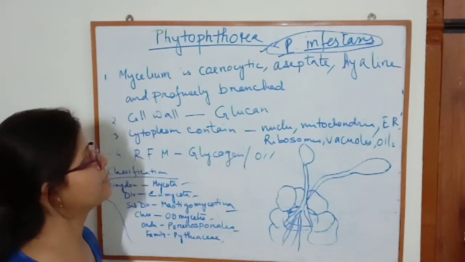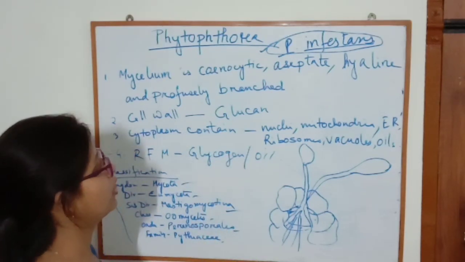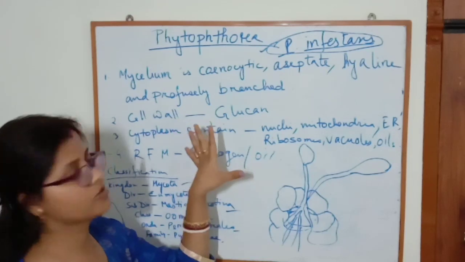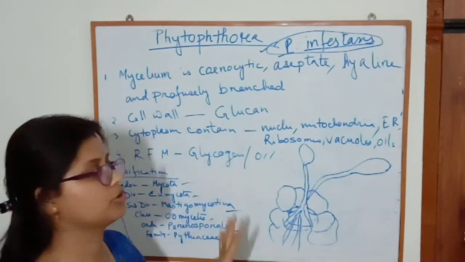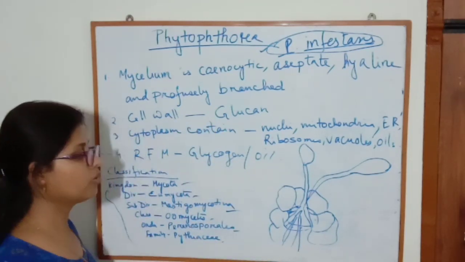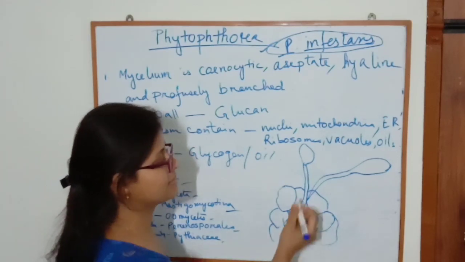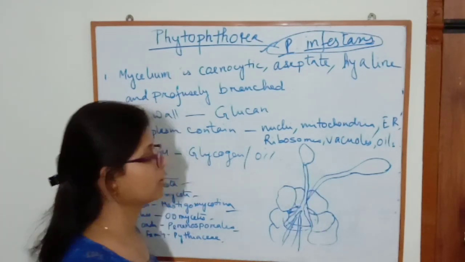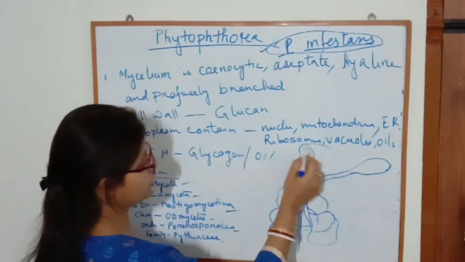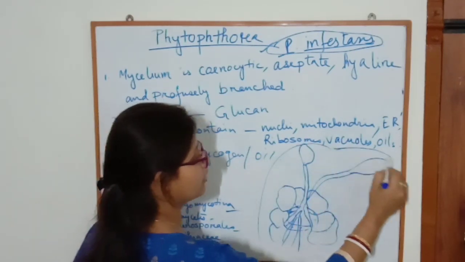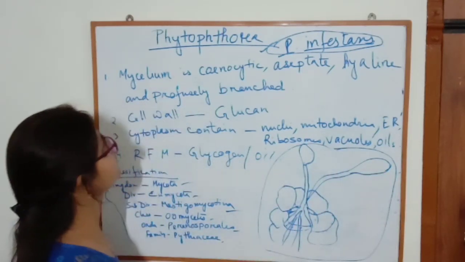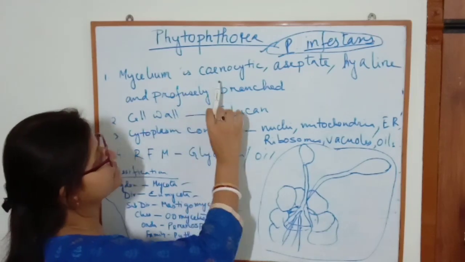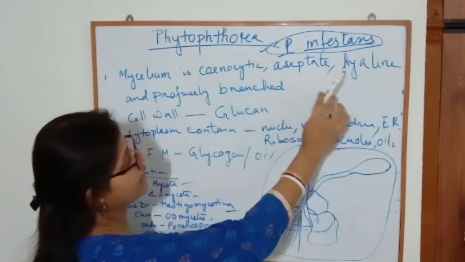Before going to the life cycle of Phytophthora, we have to know a little about its vegetative structure. We know fungi are made up of mycelium or many hyphae. So this is the graphical structure of Phytophthora. The mycelium is coenocytic, aseptate and hyaline.